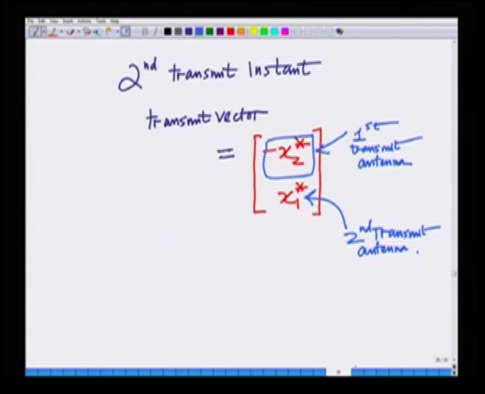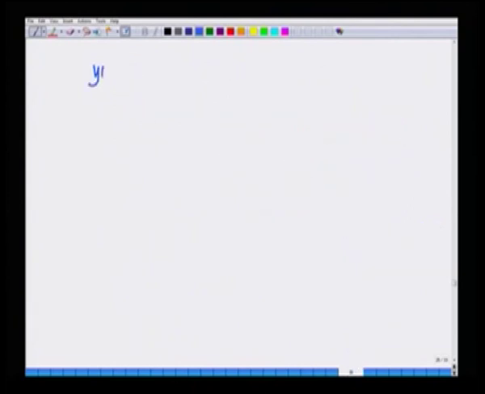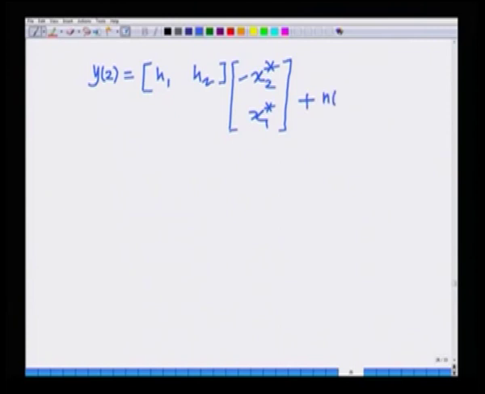Hence, what I receive, y2, is given as h1 h2 into minus x2 conjugate x1 conjugate plus n2.